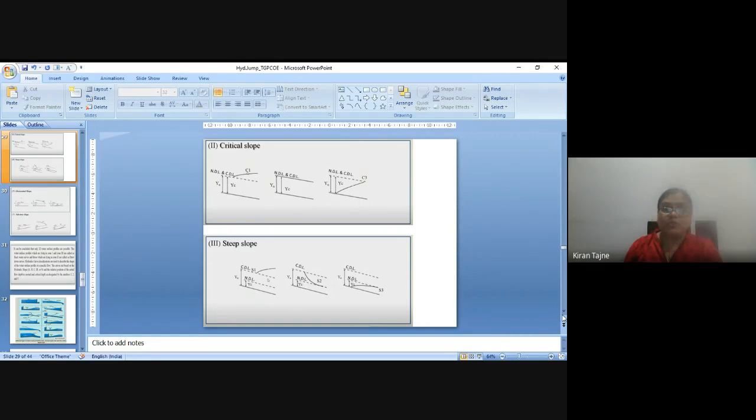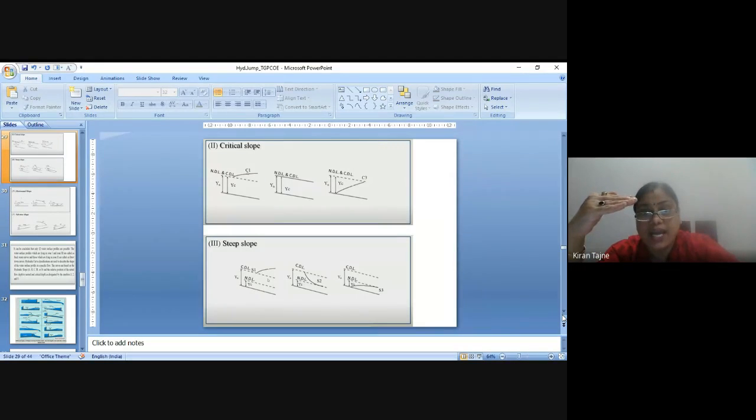Then for steep slope, it is just opposite to the mild slope. So here again S1 shows the steep slope for the first condition. S1 is in the first zone, zone 1.